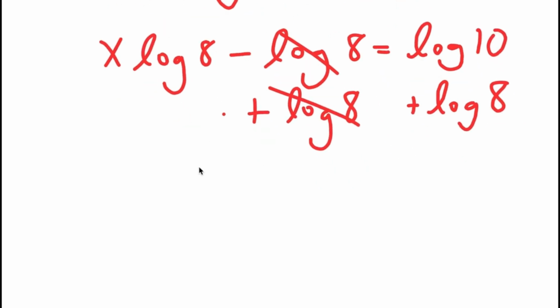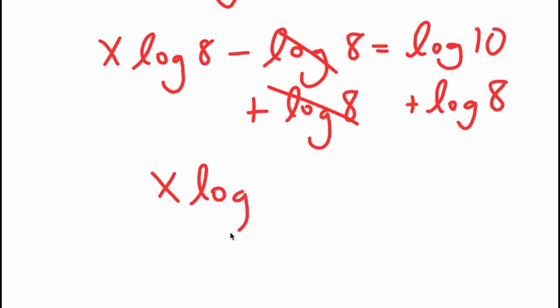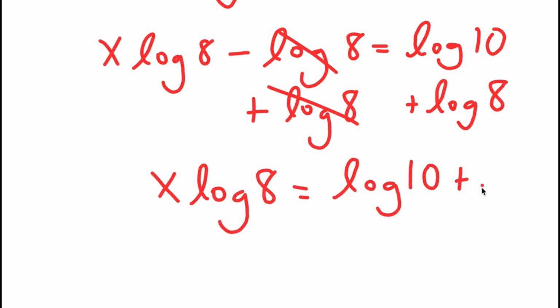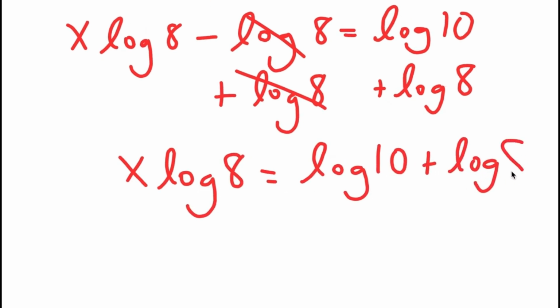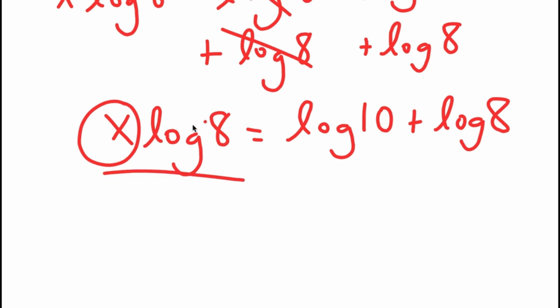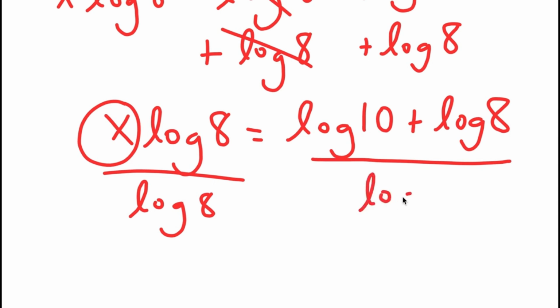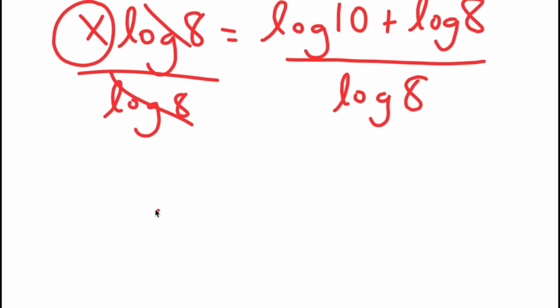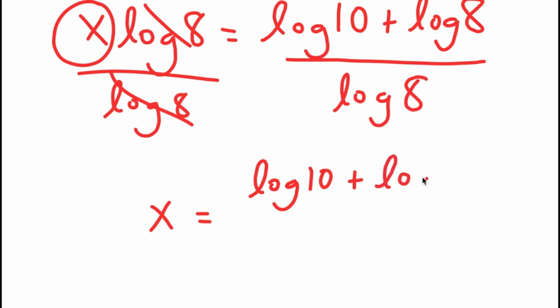So then these two cancel out, and I get x times log 8 is equal to log 10 plus log 8. And now we want to isolate x. So what I'm going to do is get rid of this log 8 by dividing both sides by log 8. So then these two cancel out, and I'll be left with x is equal to log 10 plus log 8 over log 8.